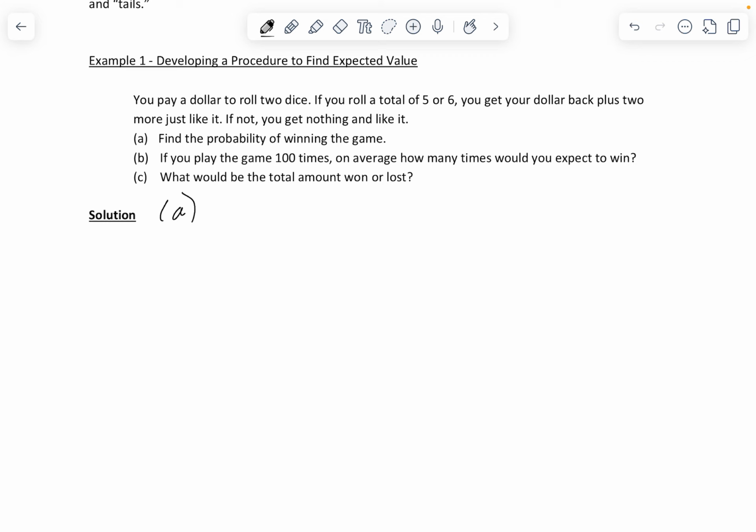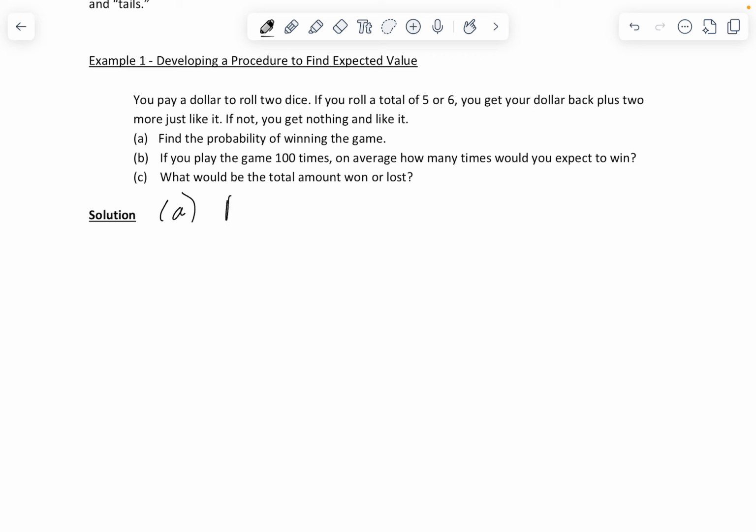Back in section 10.4, we looked at the experiment of rolling a dice 2 times, and we developed the sample space for that. If you don't remember, you might go back and revisit the video from section 10.4, where we went over an example where we developed that sample space, and we found out that there were 36 possible outcomes when you roll a dice twice, and of those 36 outcomes, there are 9 of them that result in either a 5 or a 6.